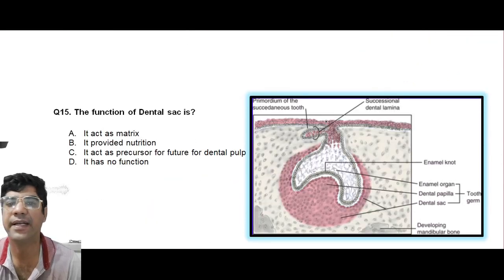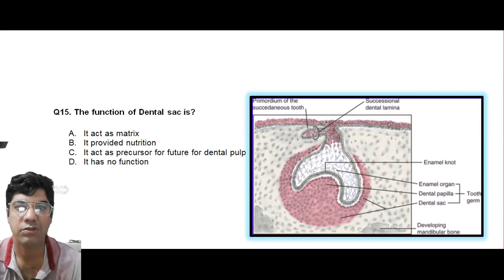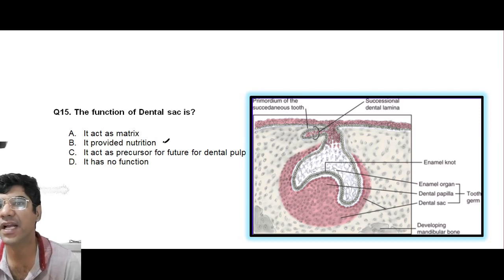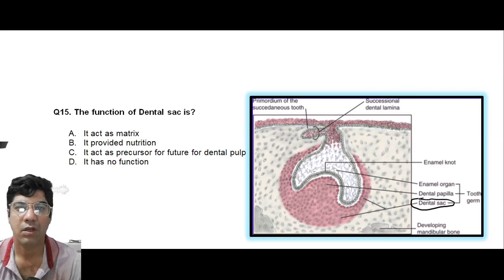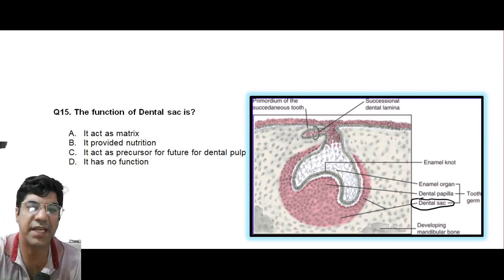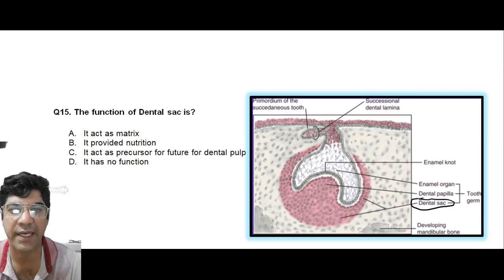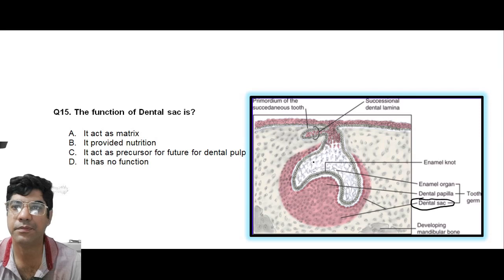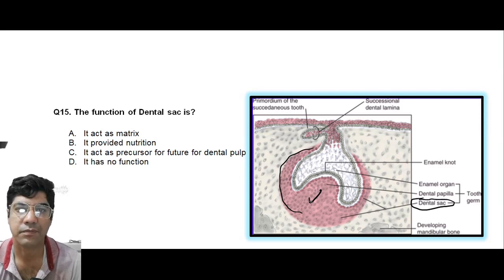The function of the dental sac is to provide nutrition. The dental sac is also known as dental follicle. It is a connective tissue that surrounds the developing tooth germ.